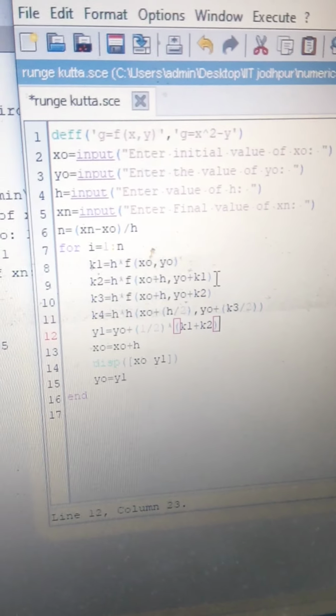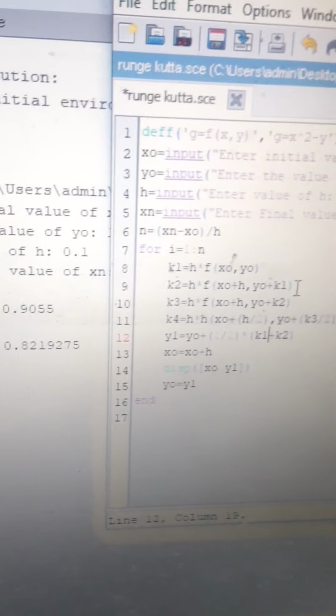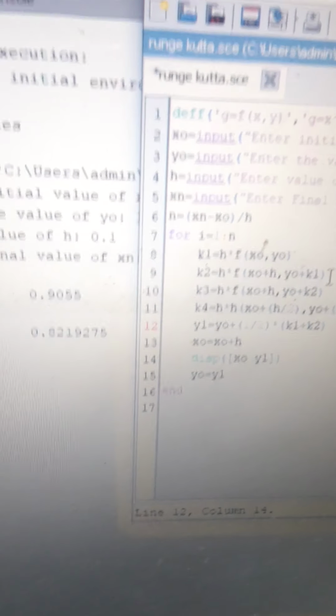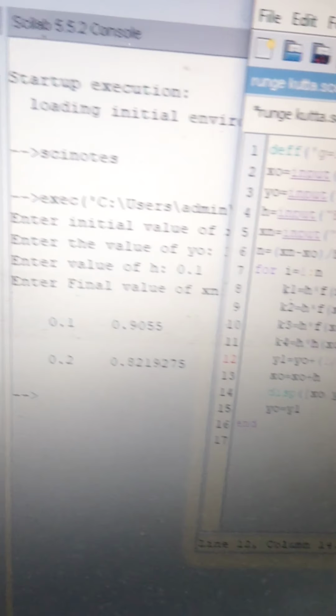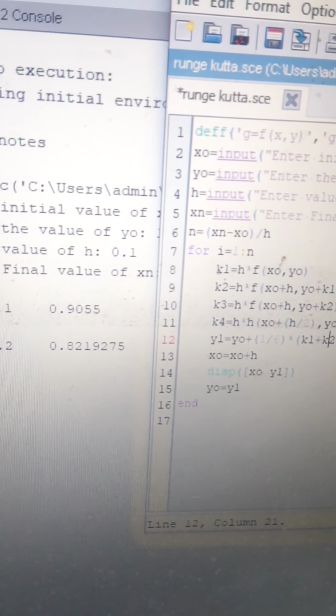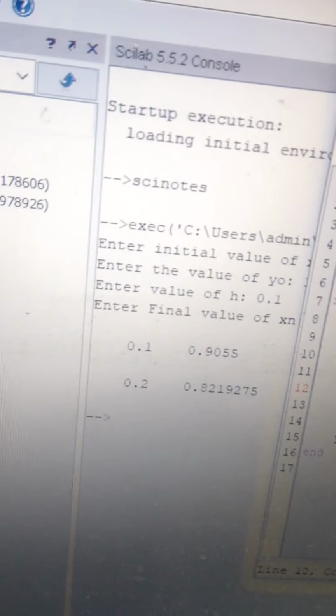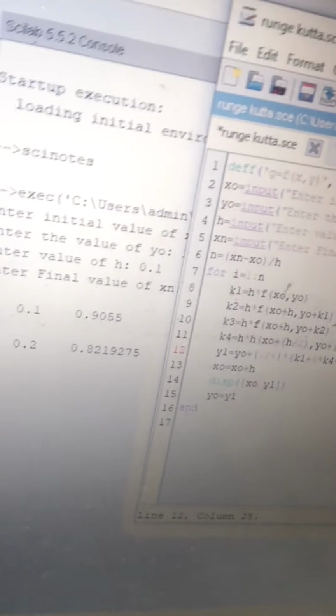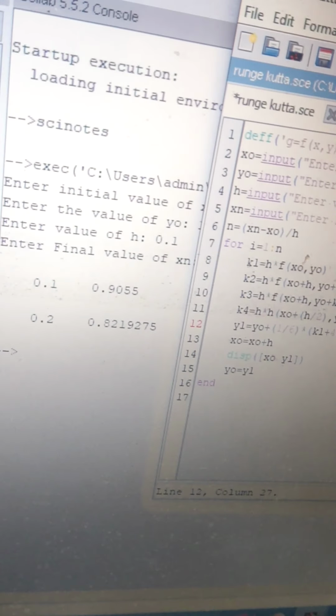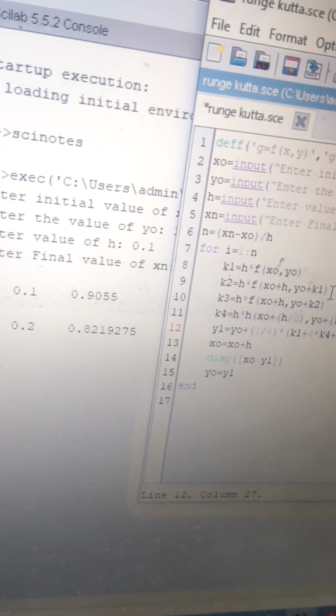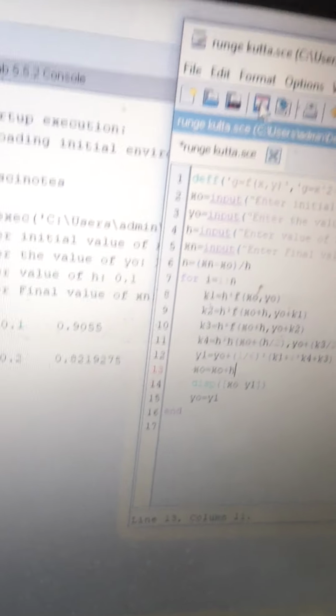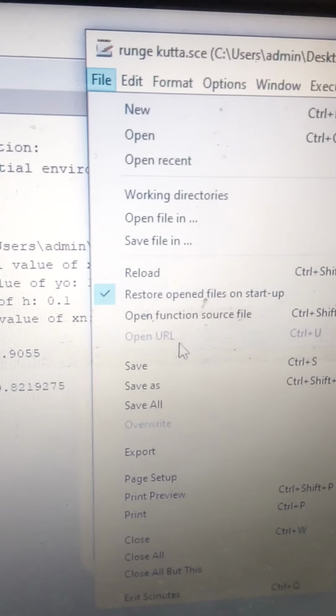You are seeing the same equations over here also, so correct this also. What will it be? It is 1 by 6 into k1 plus 4 into k4 plus k3. Okay, so now what will I do? Save the file over here.